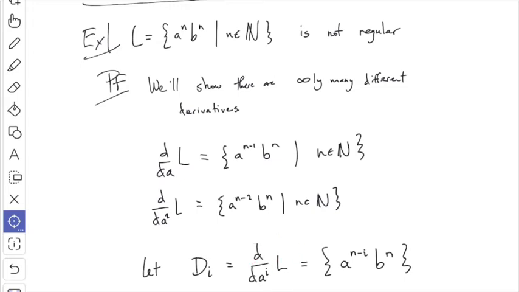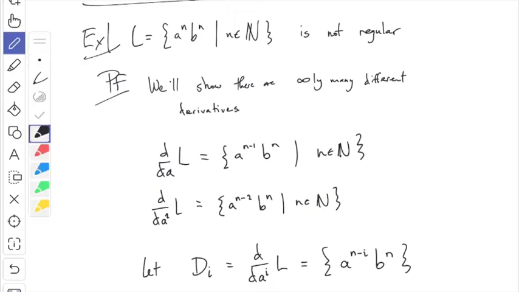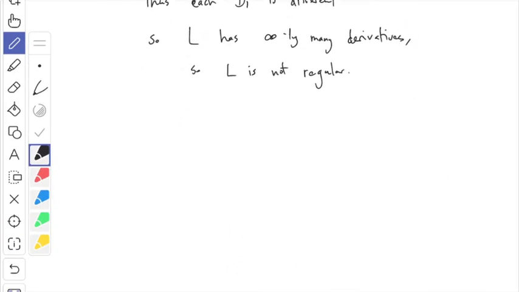That's because what I see on these strings, they all have a bunch of a's stacked up at the beginning. So it's reasonable for me to think of taking the derivative with respect to powers of a. This is something that takes some practice, to be able to look at the language and decide for yourself what kinds of derivatives to use. But really, it's typically not going to be difficult.